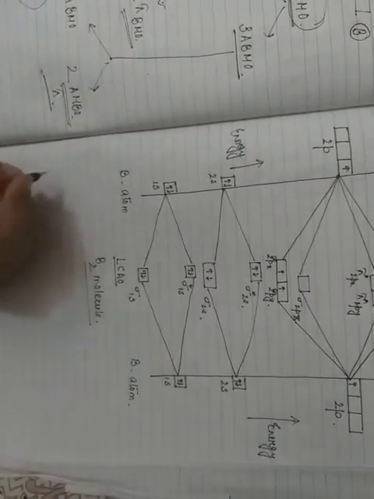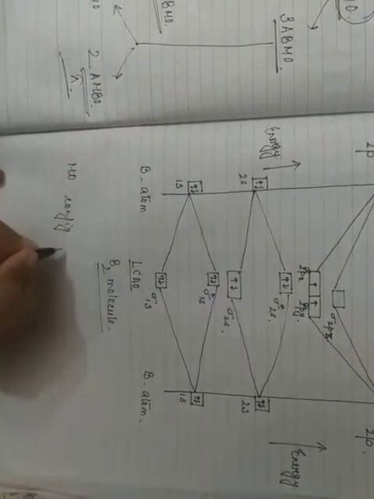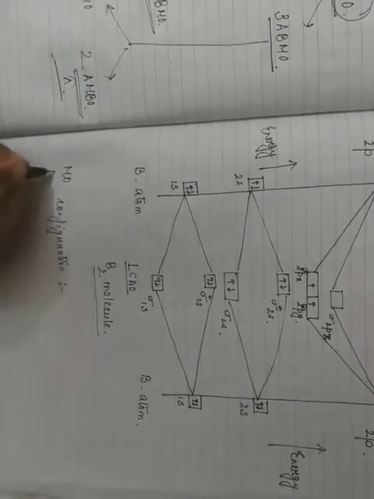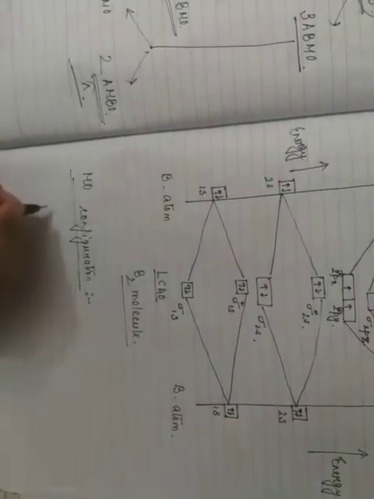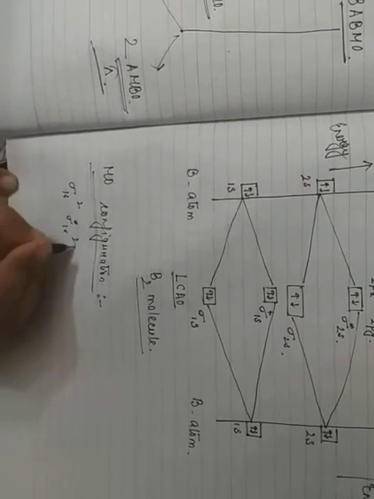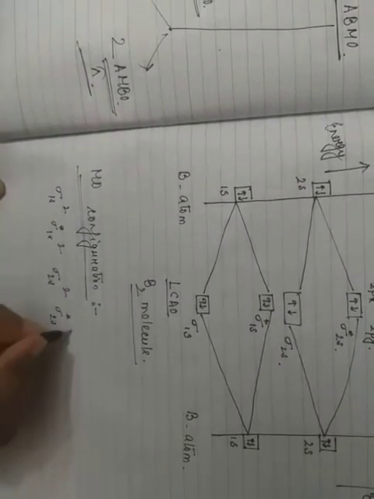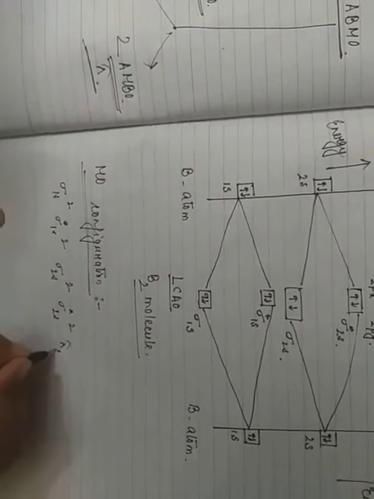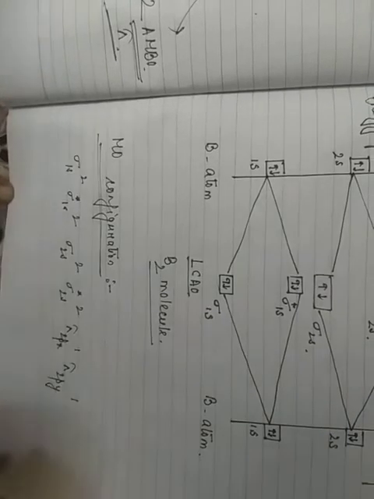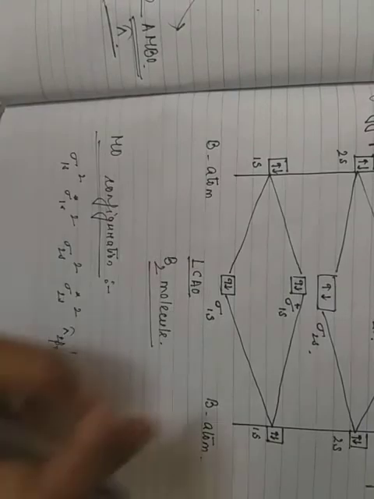So it would have a molecular orbital configuration: sigma 1s 2, sigma star 1s 2, sigma 2s 2, sigma star 2s 2, pi 2px 1, pi 2py 1. Rest all molecular orbitals would be present, but none of them will have electrons.